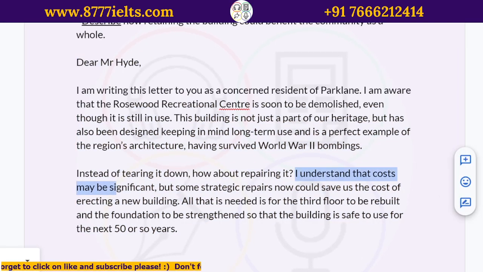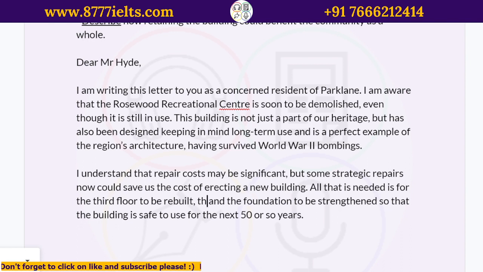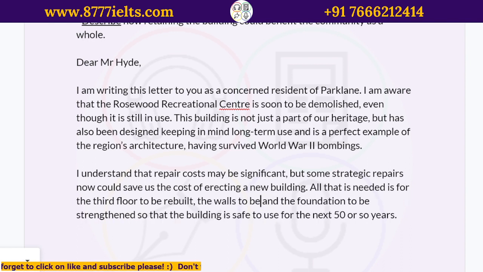maybe I can remove this. I understand that repair costs may be significant, but some strategic repairs now could save us the cost of erecting a new building. So you rebuild the third floor. All that is needed is for the third floor to be rebuilt, the walls to be, what do we say?